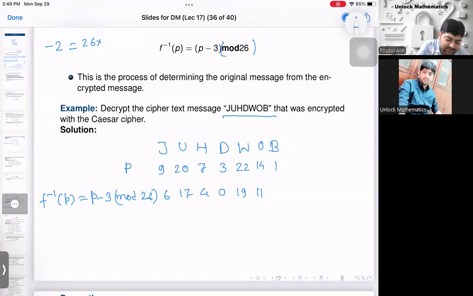It is 26 into minus 1, then plus 24. So the quotient will become minus 1 and the remainder will become 24. So 1 will be represented by 24. These are the numbers 6, 17, 4, 0, 19, 11 and 24.